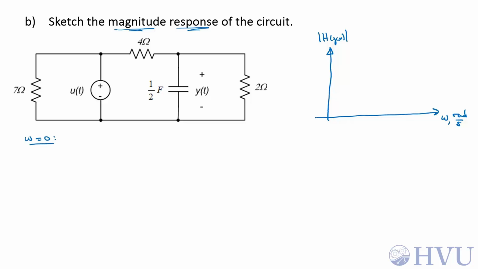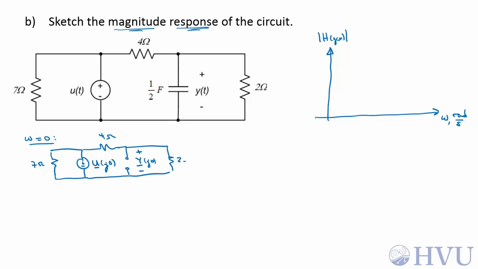When omega is equal to 0, we have the same thing we had before when we checked our values. 7 ohms, U(j0), 4 ohms. At low frequencies, the capacitor looks like an open circuit, and 2 ohms. And as before, that's a voltage divider between this 2 ohm resistance and this 4 ohm resistance.